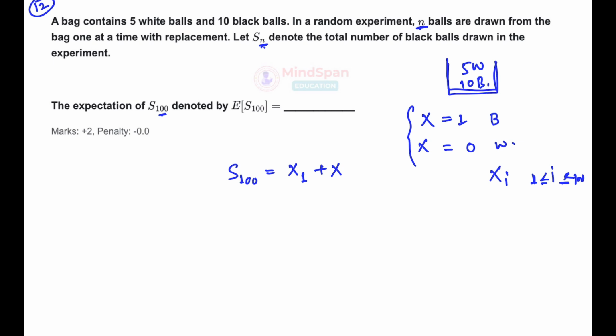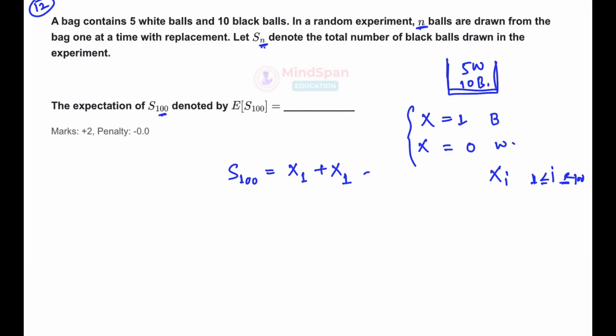Again, the second time I try to draw a ball, I will get a black ball or a white ball. That essence is captured in this random variable. If I get a black ball, this will be 1; if not, this will be 0, something like 1 plus 0, 1 plus 0.